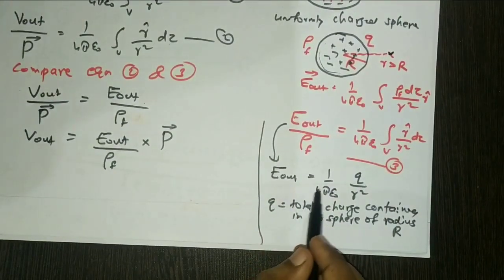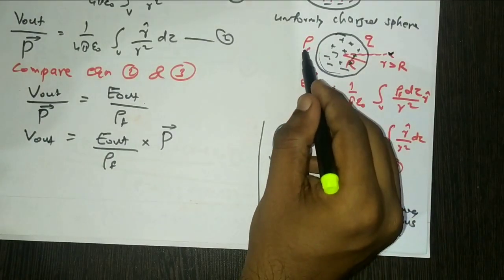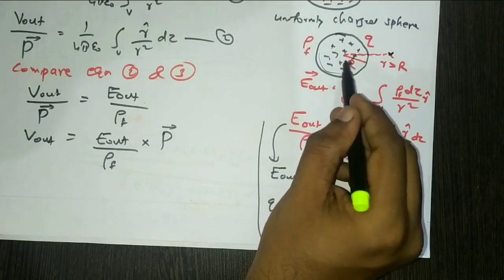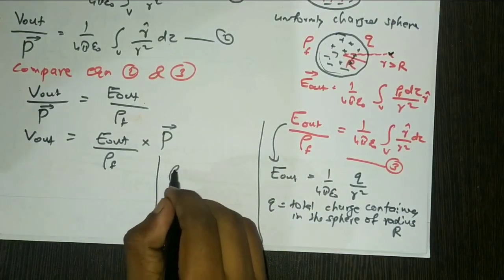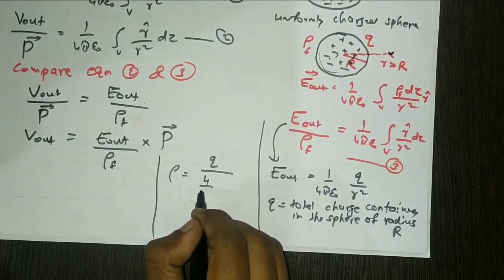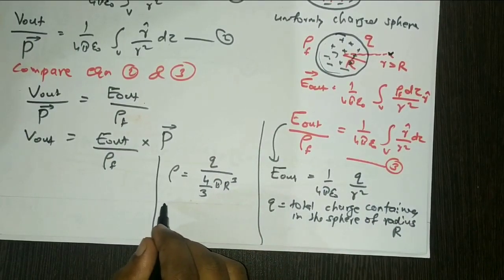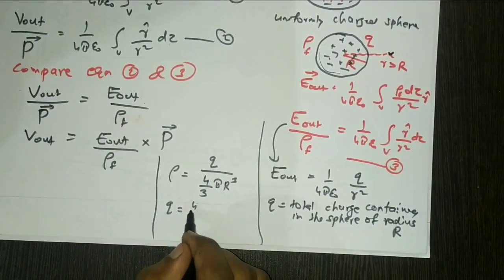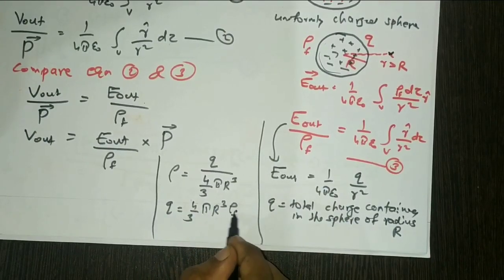One can easily write the electric field in terms of the volume charge density rho and the radius r. That I will do here. The rho can be written as total charge contained in the body divided by the volume. Therefore, this Q can be written as 4 by 3 pi r cube rho. This is the rho F, free charges.